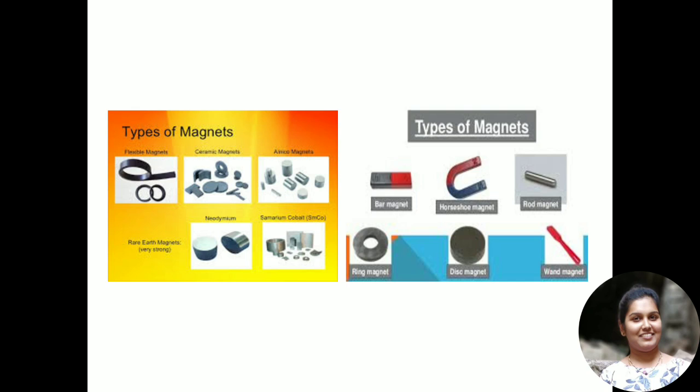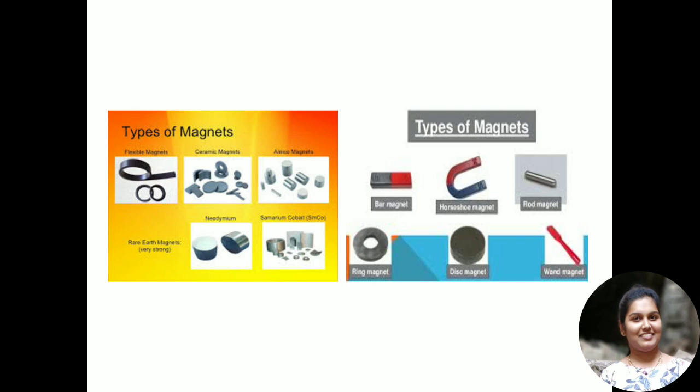The second one is ceramic magnets. The third one is Alnico magnets, which are made up of aluminium, nickel and cobalt. In general, Alnico magnets are used in PMMC construction. So these are some of the types of magnets which are commonly used.